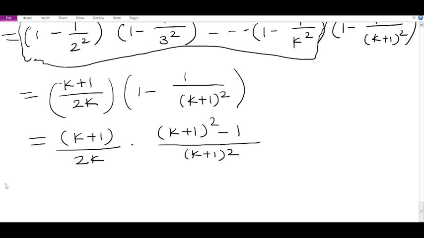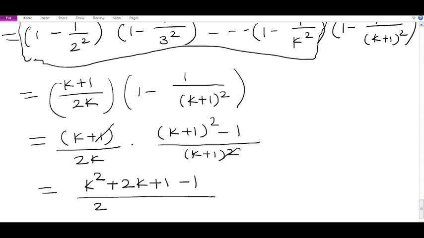Now this k plus 1 and 1 upon k plus 1 will get cancelled. If you simplify the numerator, it is k square plus twice k plus 1 minus 1, and the denominator is twice k plus 1. Now this 1 gets cancelled.